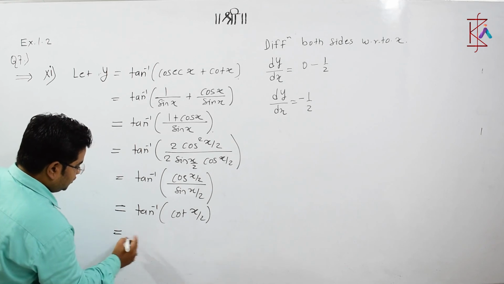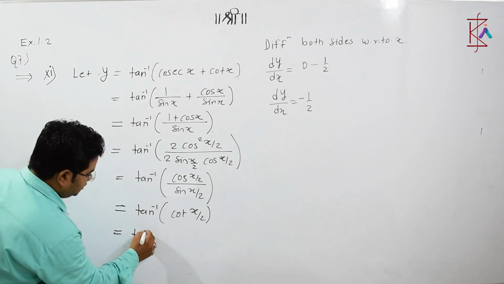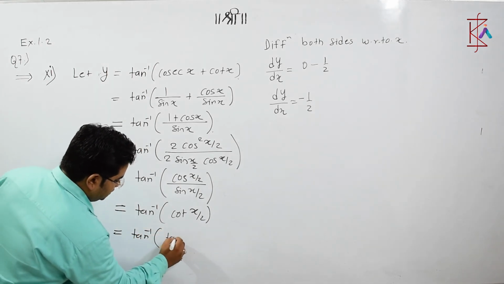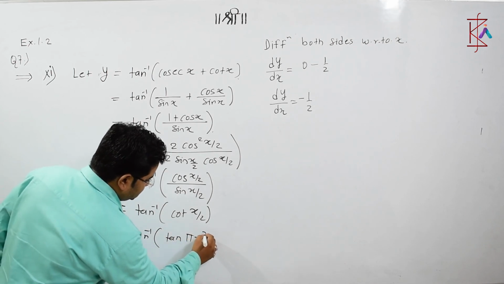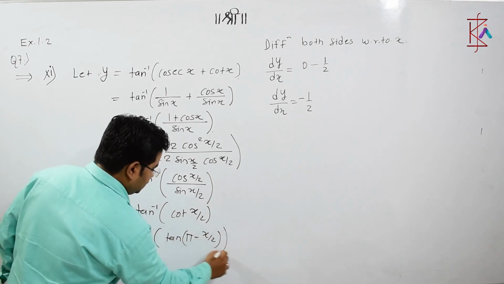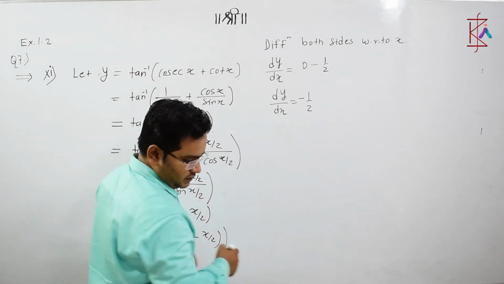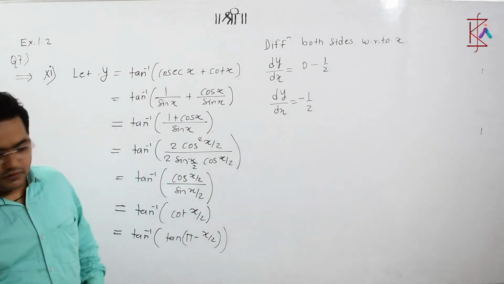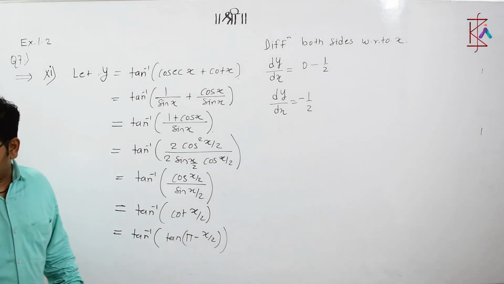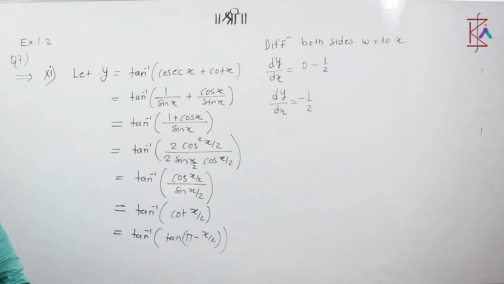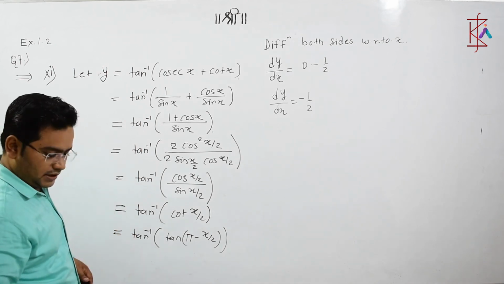Now if this is cot x by 2, what should be the correction? We solved it initially. Tan inverse of tan of pi minus x by 2 is equal to cot x by 2. Now tan inverse and tan will get cancelled, so our differentiation will lead to the same answer. I don't need to write anything extra.